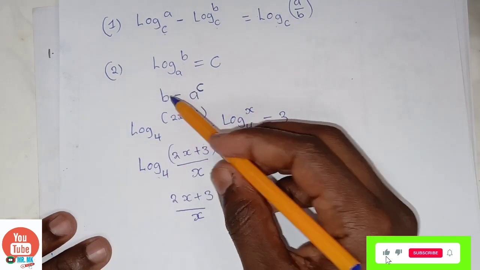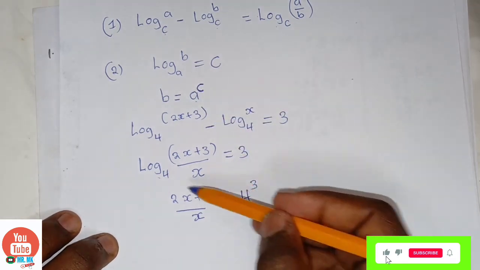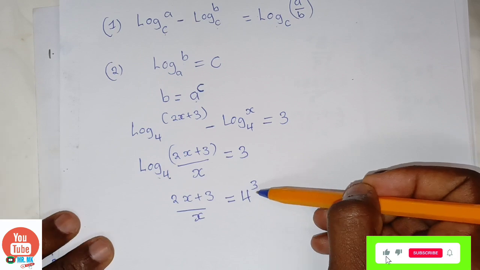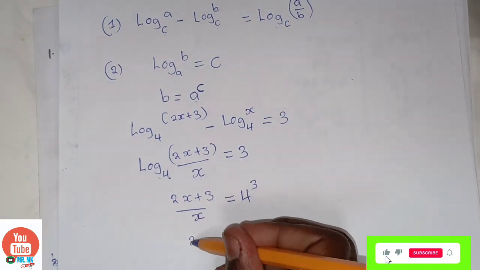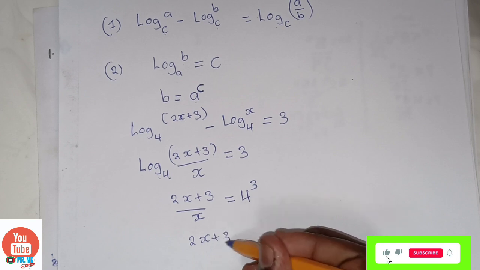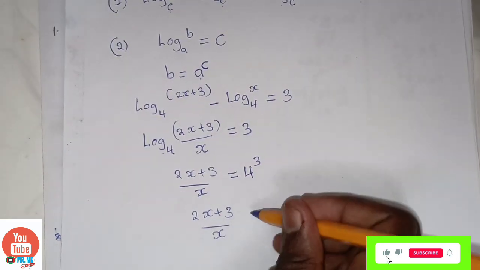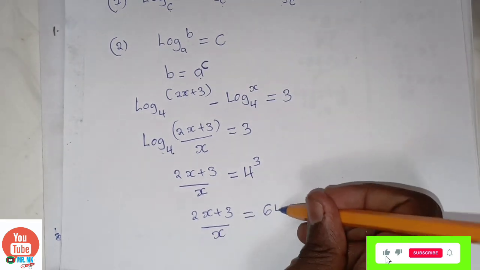When I need b, I just say a raised to c. That is why I say 4 raised to 3. 4 is the base, this was the power. Now 4 cubed will be 64. So (2x + 3) over x is equal to 64.